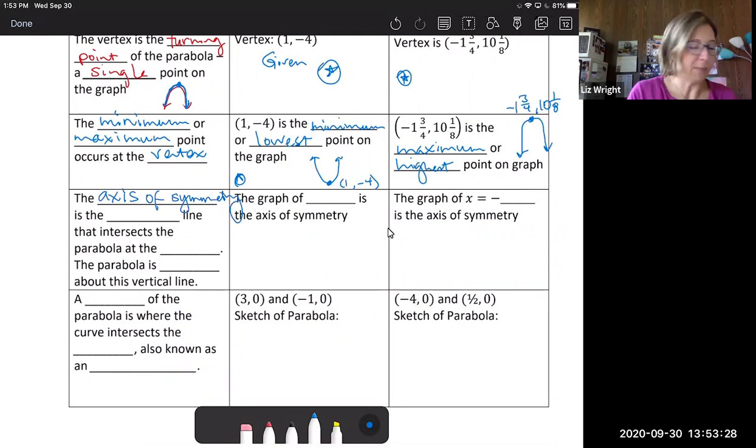So the axis of symmetry is a vertical line that intersects the parabola at the vertex. And the parabola is symmetrical about this vertical line.